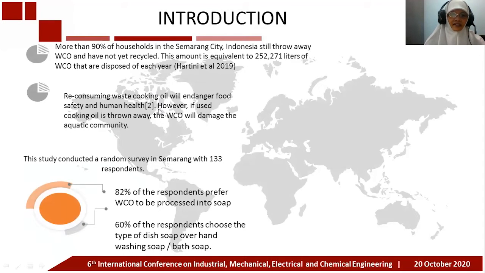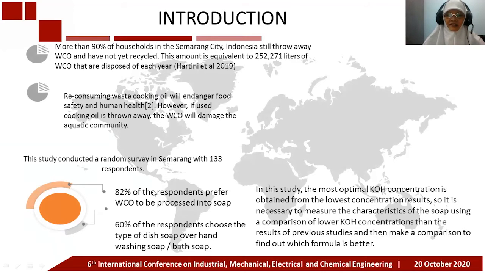This study conducted a random survey in Semarang with 133 respondents. The result is 82% of the respondents prefer waste cooking oil to be processed into soap. 80% of the respondents choose the type of soap over hand washing soap or bath soap.